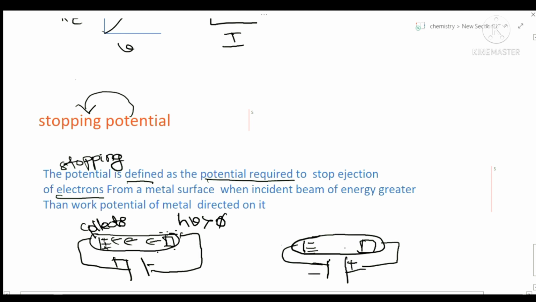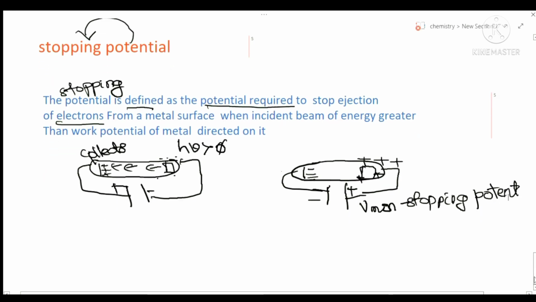So whenever it is connected like this, electrons will not come out. This is the minimum potential, that is called the stopping potential. Just reverse. The potential we are supplying does not help the photoelectric effect, it will stop the photoelectric effect. That means the kinetic energy will be 0.